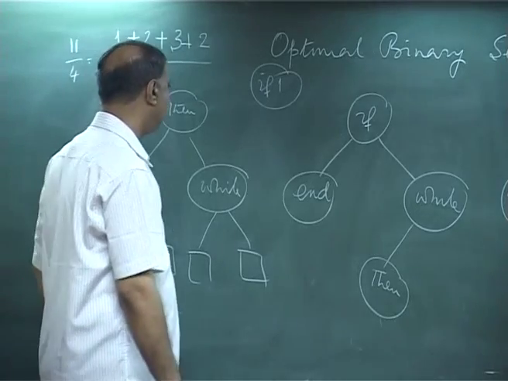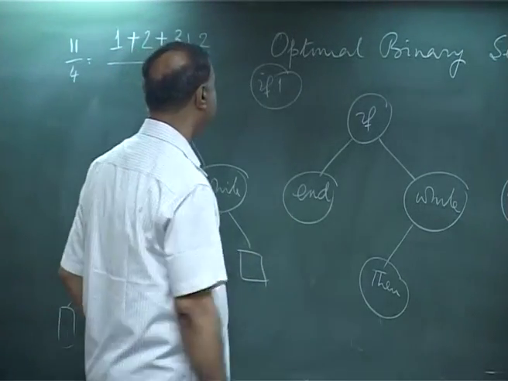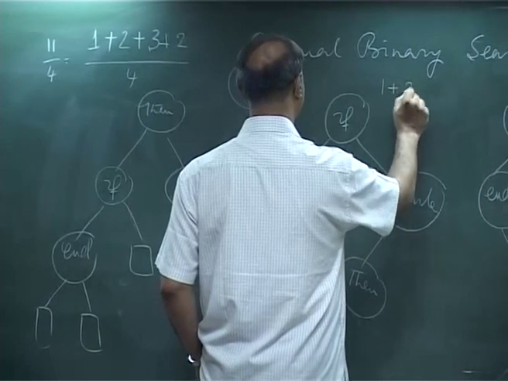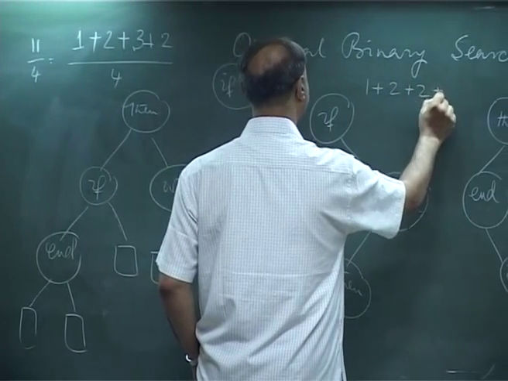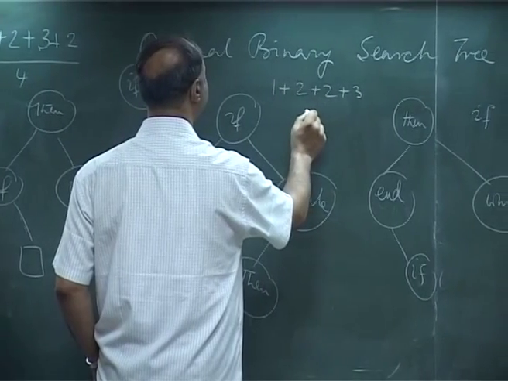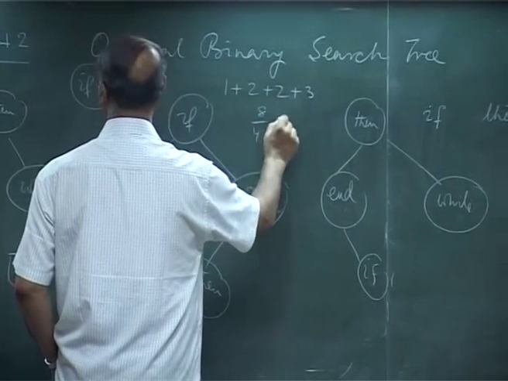But for this case, it is 1 plus 2 plus 2 plus 3, and it becomes 5 plus 3, 8. 8 divided by 4, so it becomes 2.